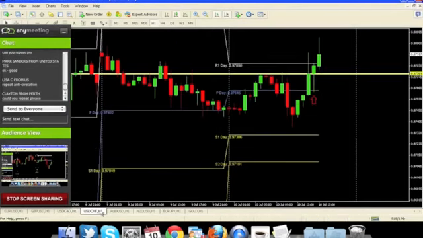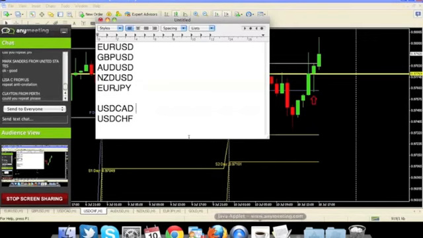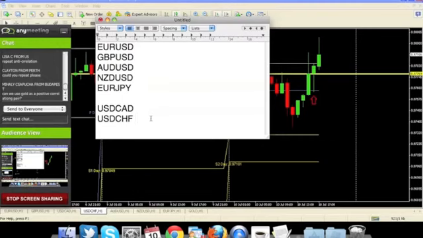Same thing, US dollar Swiss franc. Last 5-6 hours, it's going up. Overall direction, these guys will always correlate in the long run. Every now and then, in the immediate short term, you see an anti-correlation where certain pairs are telling you they want to go long, but a correlating pair will say, I don't want to go long, I'm going to go short.